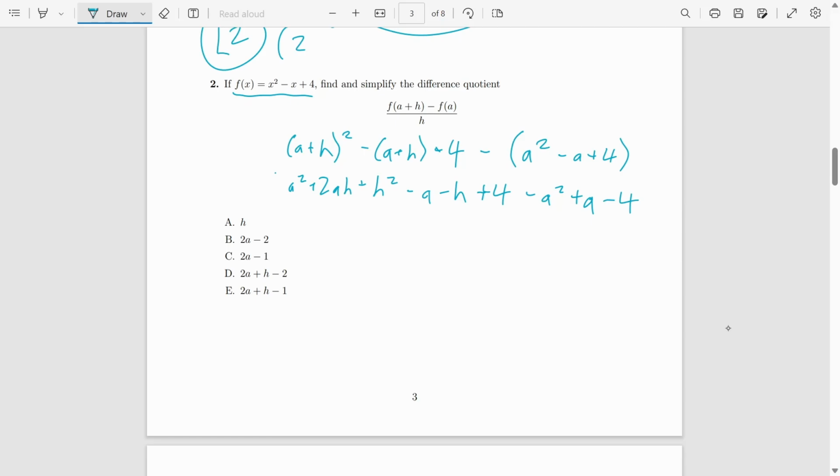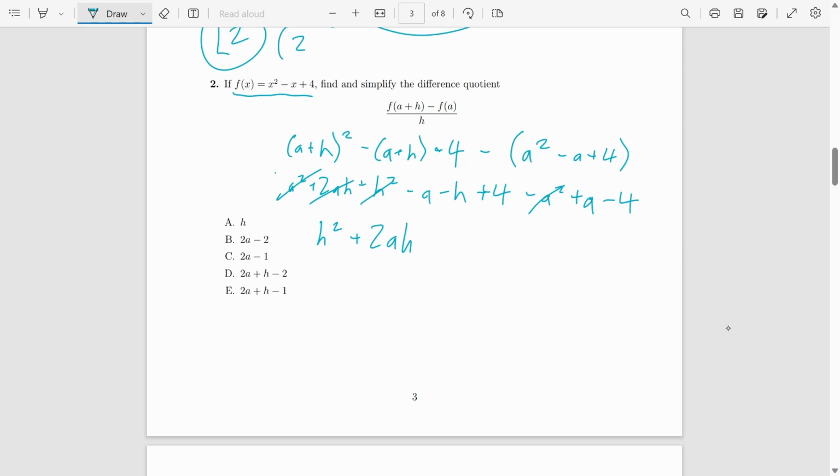And then we can go ahead and combine like terms. There's two a squareds here, one plus, one minus, so we can cancel them out. There is one h squared, so h squared. Then there's plus 2ah. That's the only term with one a and one h.